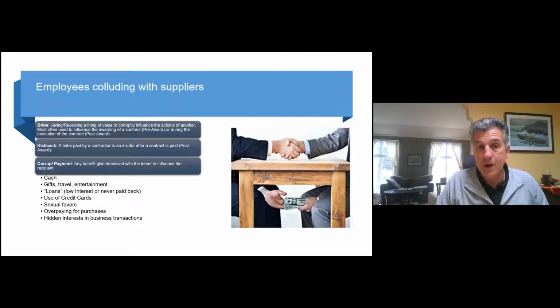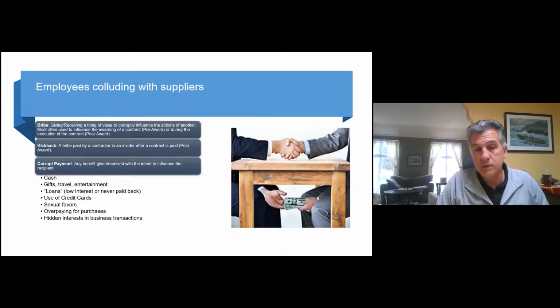A kickback is a bribe paid by a contractor to an insider after a contract is paid post-award. And a corrupt payment is any benefit given or received with the intent to influence the recipient.